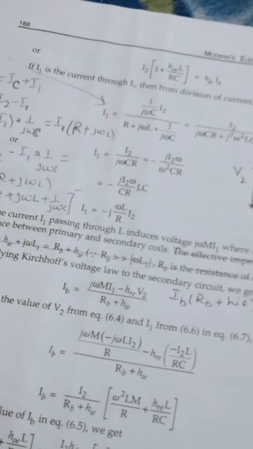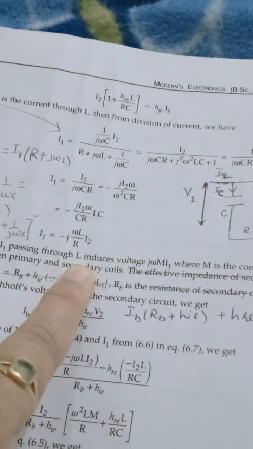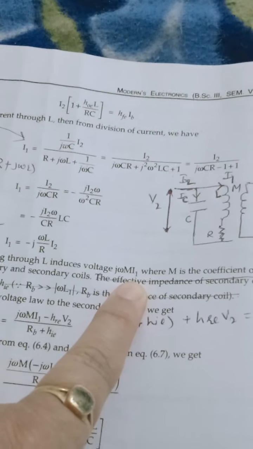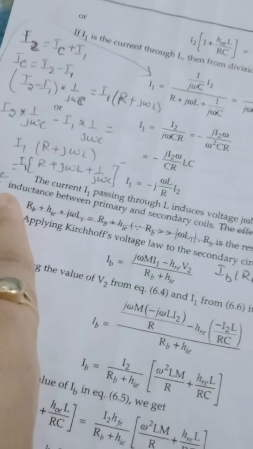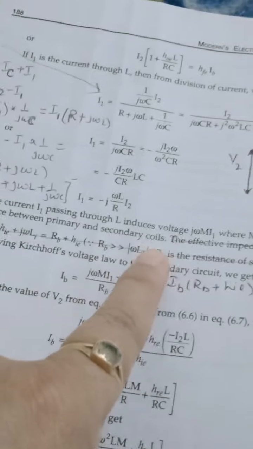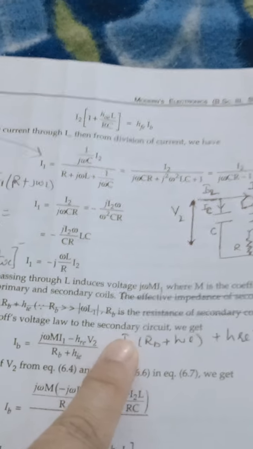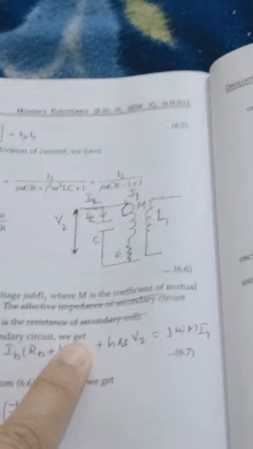So we can say that current I1 which is passing through the inductor L induces a voltage iota omega M I1, where M is the coefficient of mutual inductance between the primary and secondary coils. So from here, applying Kirchhoff's voltage law to the secondary circuit, we get. So now we are to apply Kirchhoff's law to the secondary circuit.